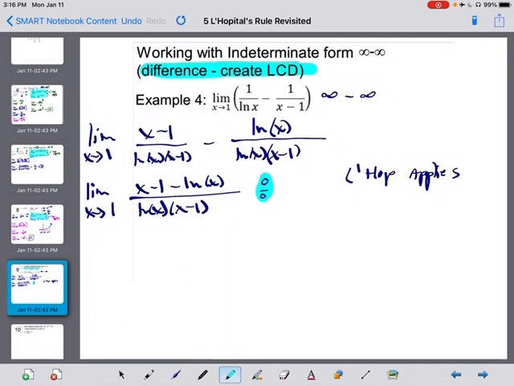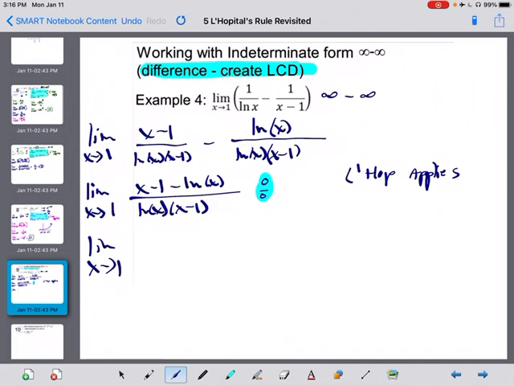All right, so what we're going to do here is I am going to have you work this one out, or take the derivative here, and let's go ahead and do that.